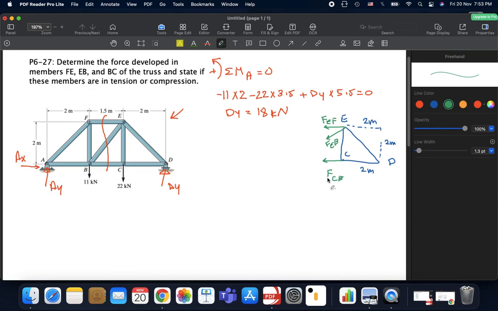Now, what we need to do is draw the line of action of these forces. So it's easier to start from here.